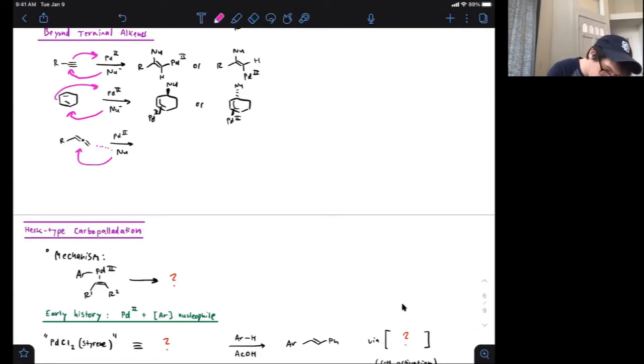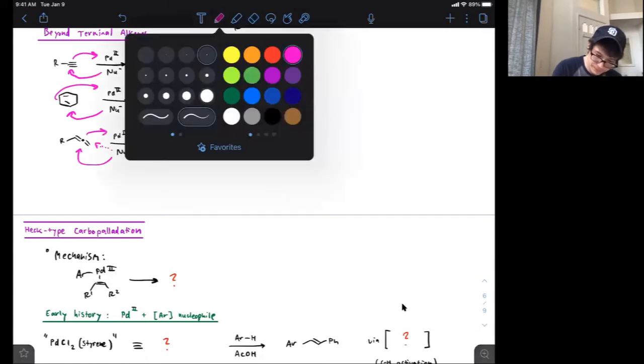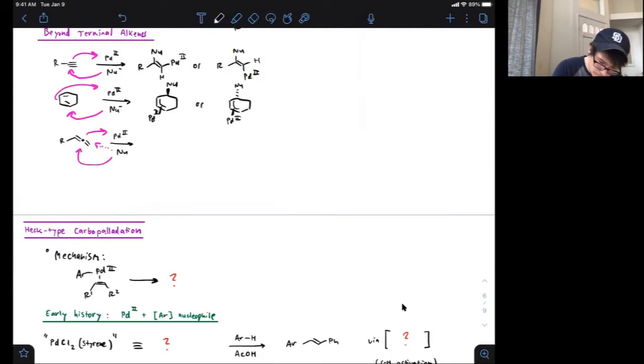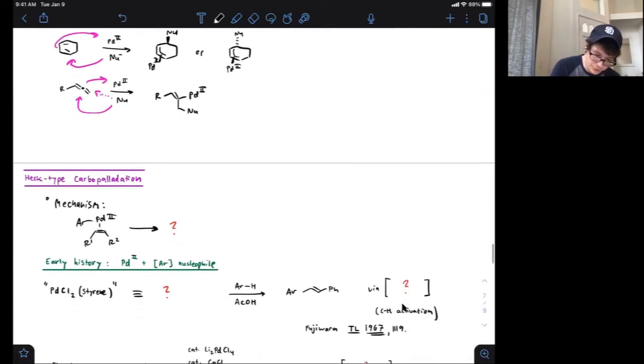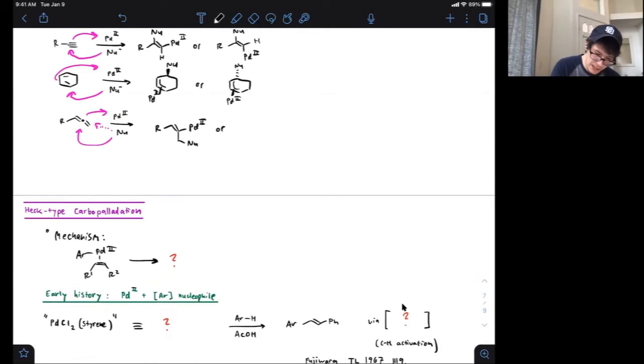Sorry, this doesn't really look like an arrow. Now you have sort of a hybrid of the two reactivity modes. In the case where the nucleophile engages the terminal position, you would get this alkenyl palladium. And then, as I said, what's the more common of the two, you would get this allyl palladium.